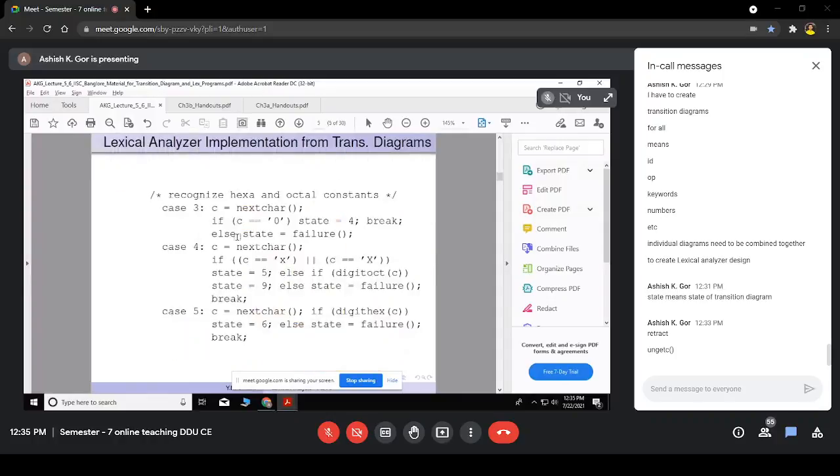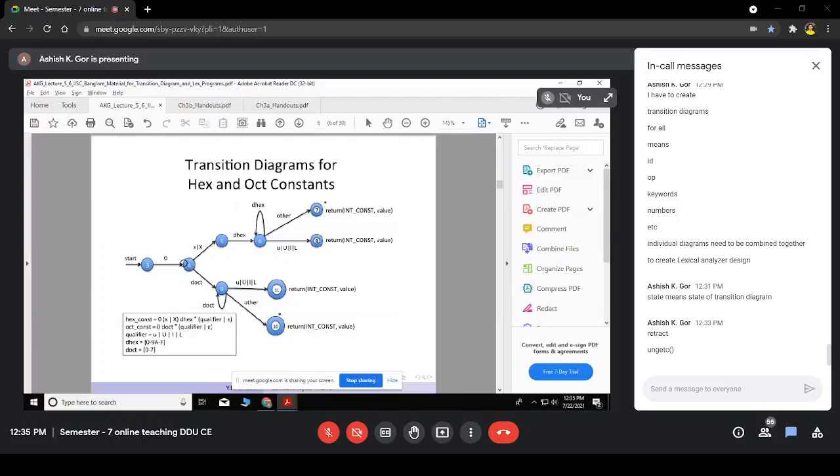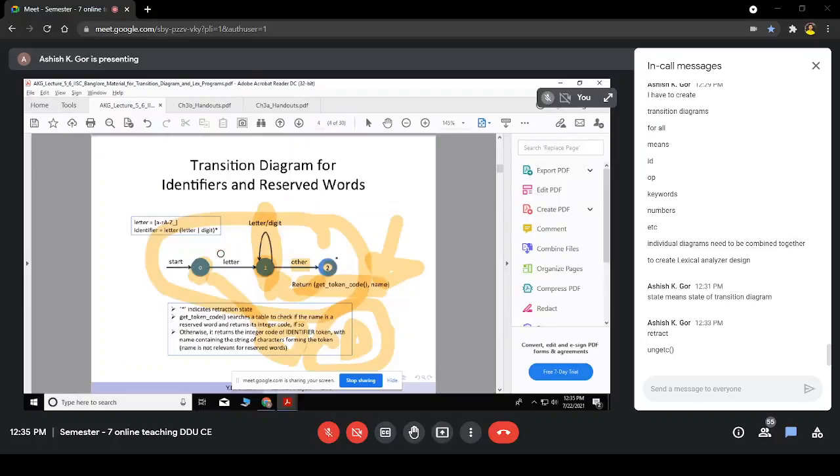Same way, case number 3, 4, 5 are meant for octal and hexadecimal constants. Because in C you can write 0 followed by something is octal and 0x is hexadecimal. Up to 2 you have already designed, right? 0, 1 and 2.